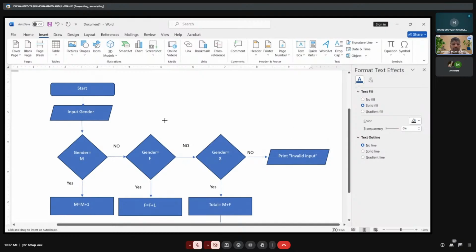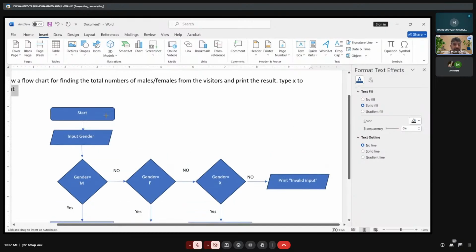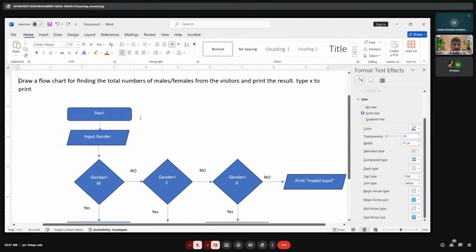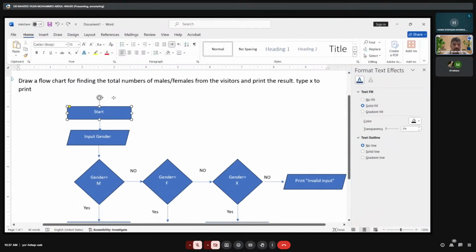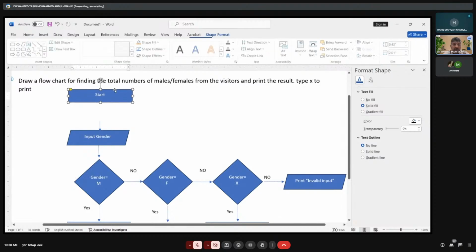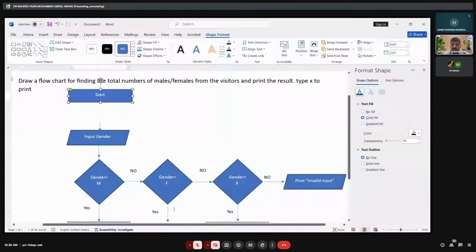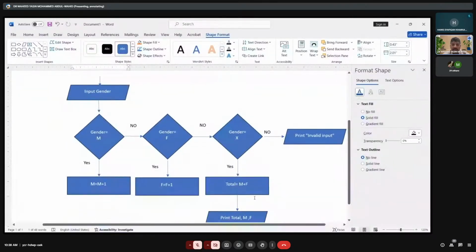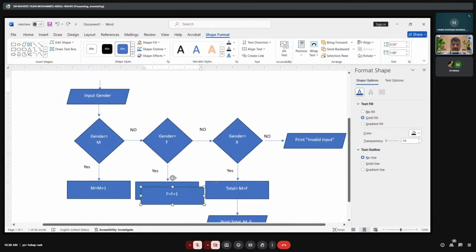But before I start, I will put here values for M and F, I mean initial values. What are the initial values?